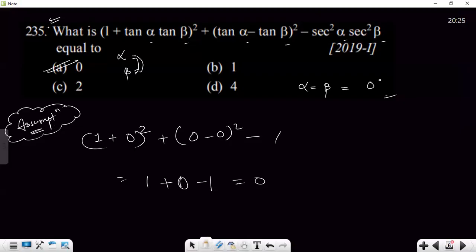You could also have assumed alpha and beta equal to 45 degrees, then also the question can be solved. Without assuming also the question can be solved, but it will be a strenuous thing to do. Do you want me to solve using the long method for explanation? Yes, sir.